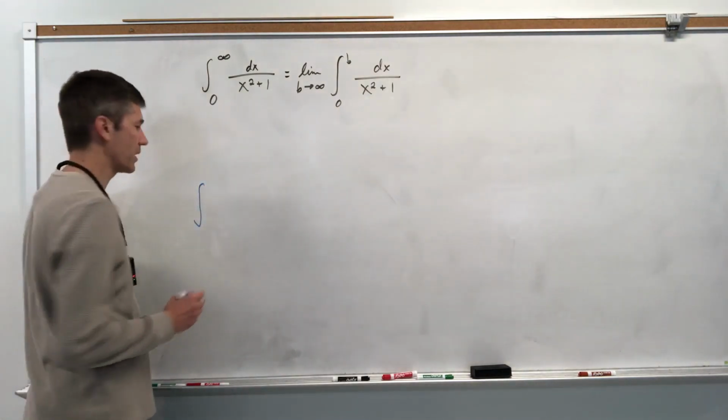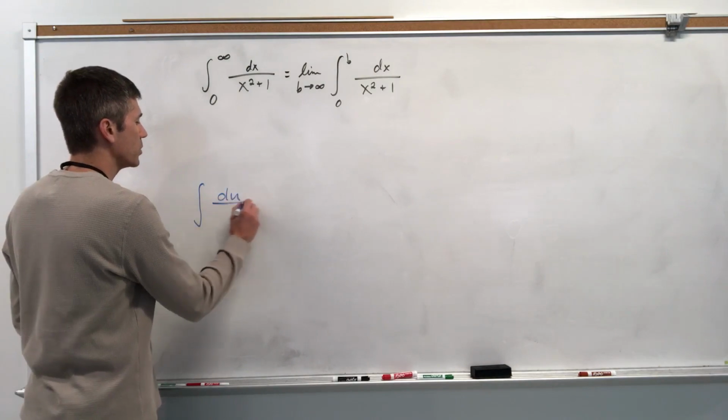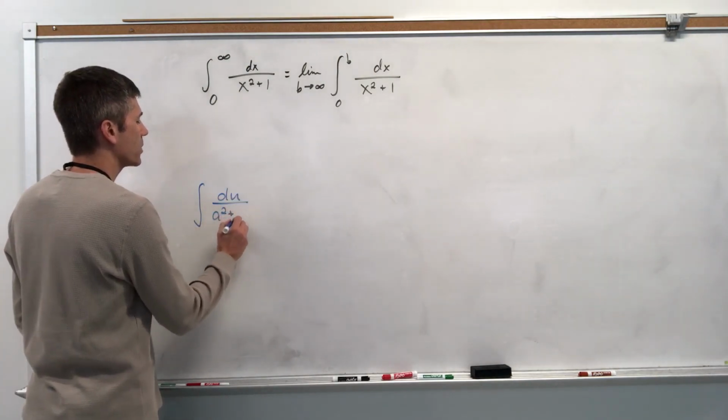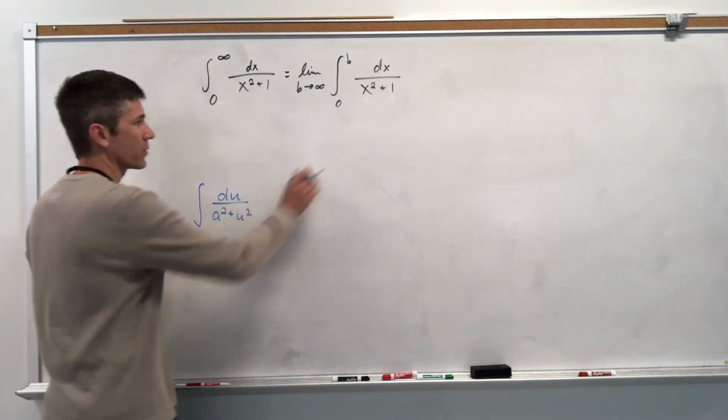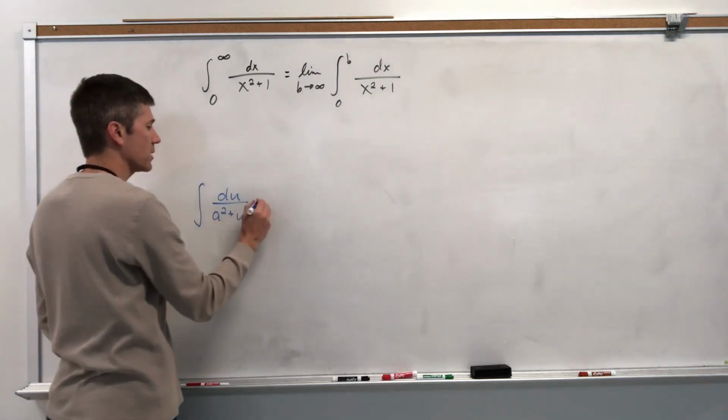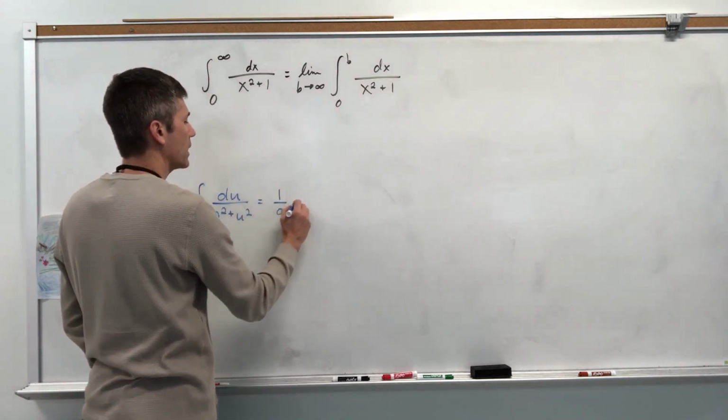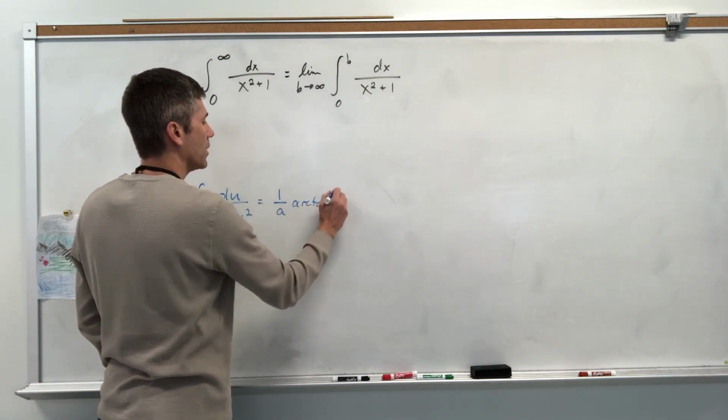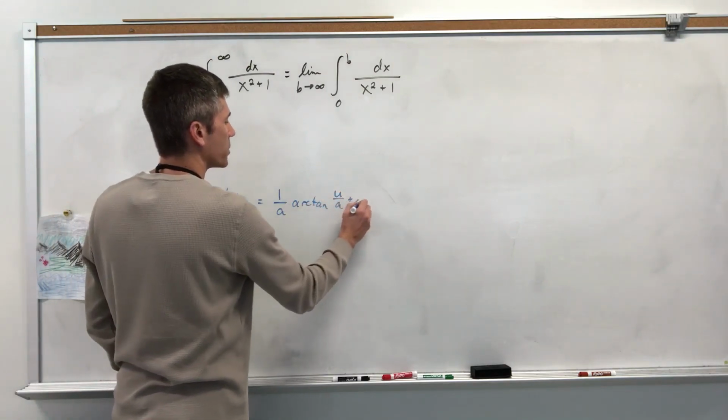The integral of du over a squared plus u squared, this is in a slightly different order than that. This is the way most textbooks do it: 1 over a arctan of u over a, and then plus c.